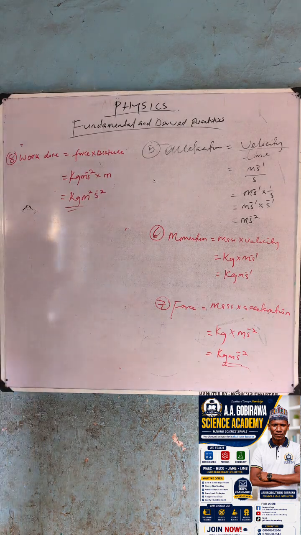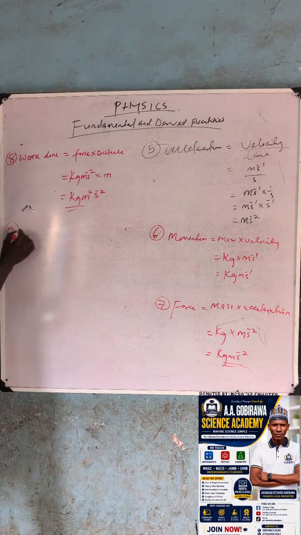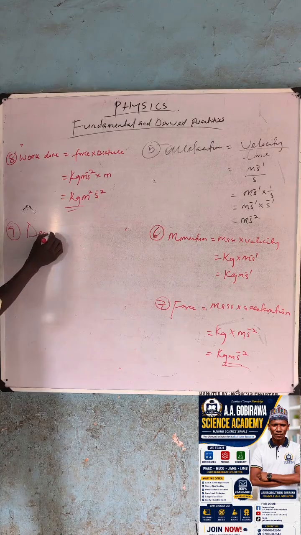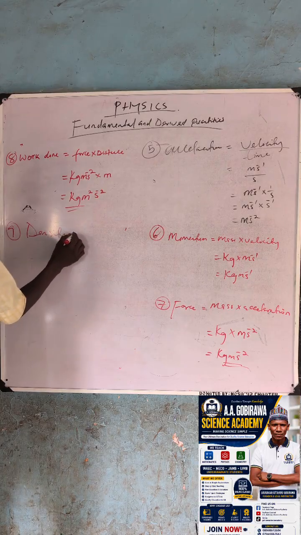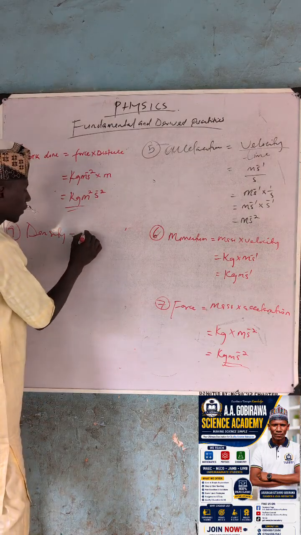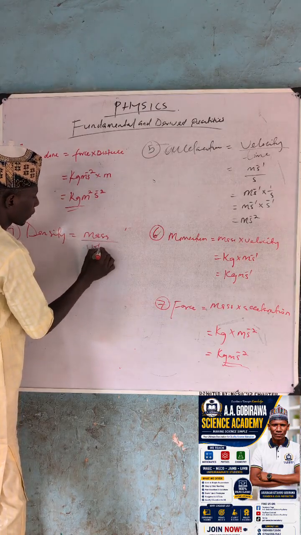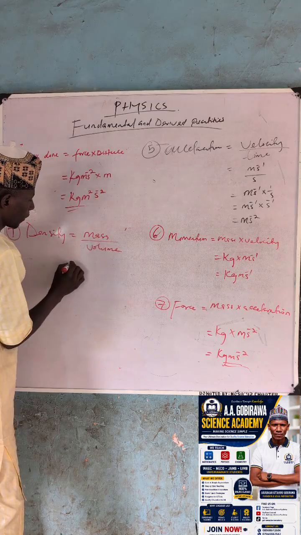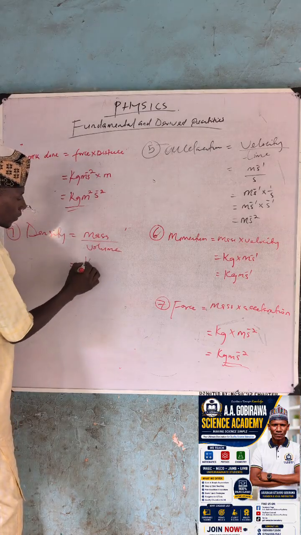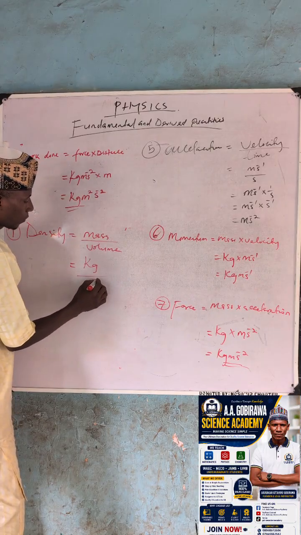This is our work done. Then we have number 9, density. Density is equal to mass all over volume. Mass is kilogram all over volume, which is meter cube.